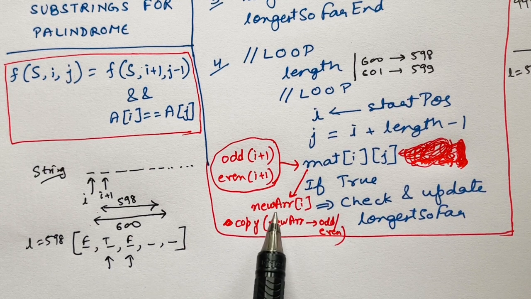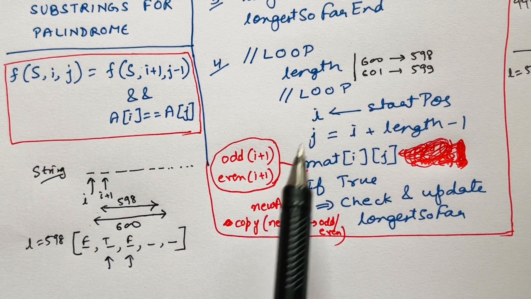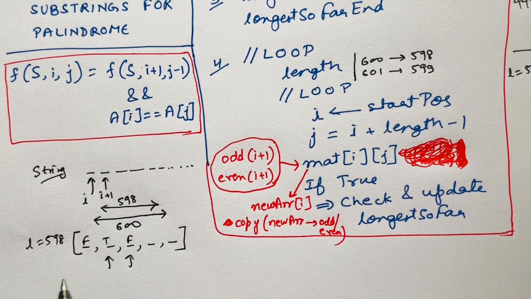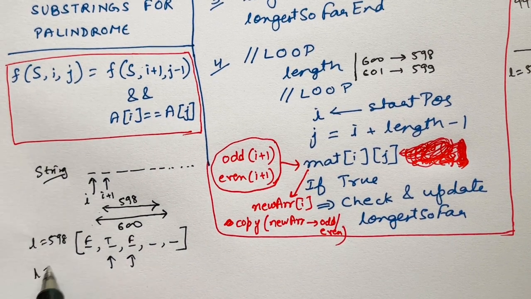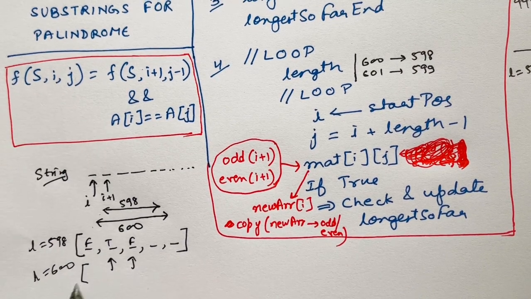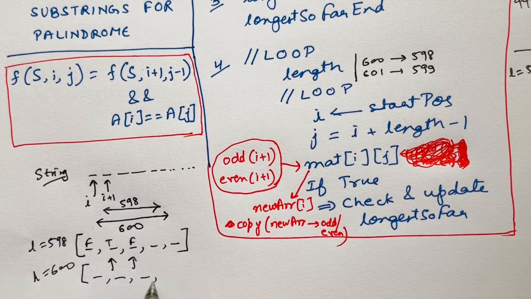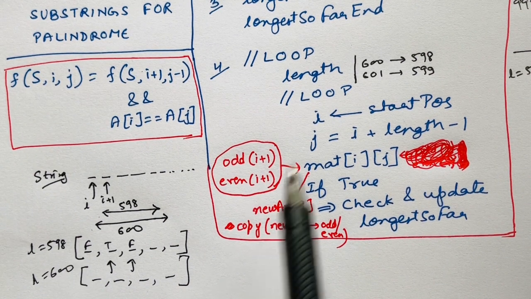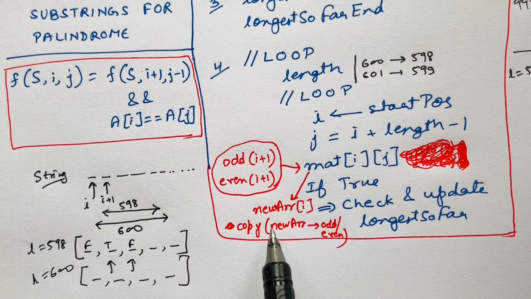So once we have computed new arr i in all the iterations of this loop, we will have a new array ready for L equal to 600, with this information filled for this length. Now we won't need the 598 information. So at the end of this loop, we will copy this new arr into the even array.